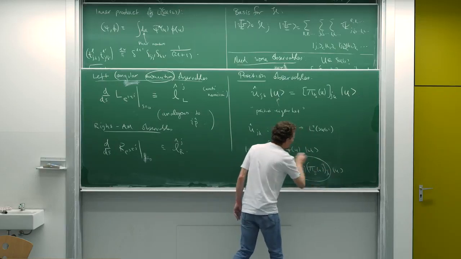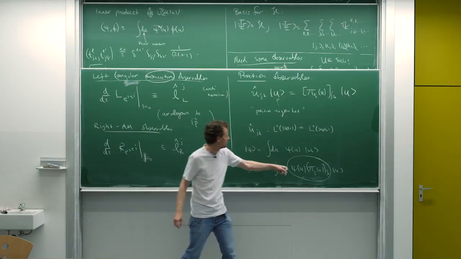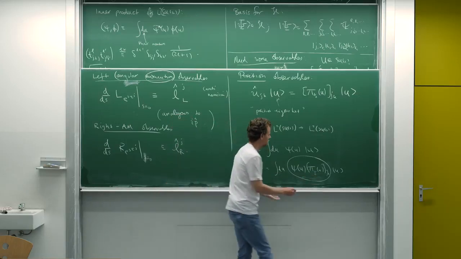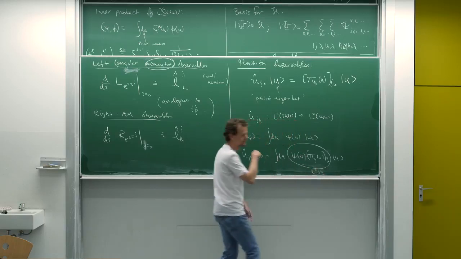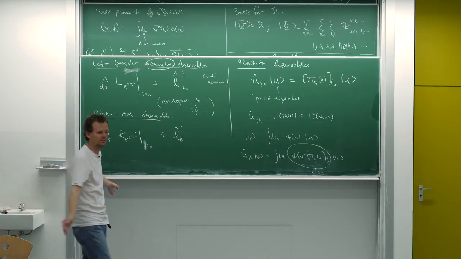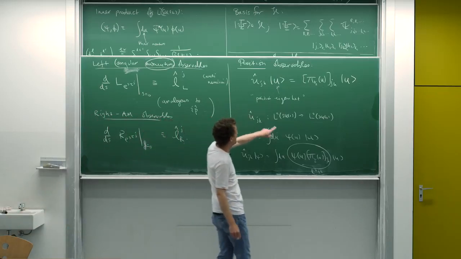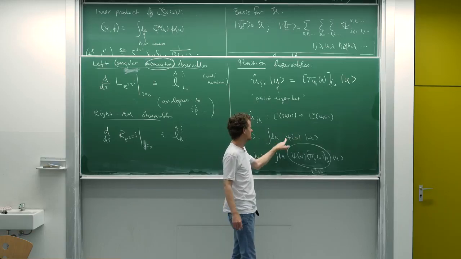You see that the action of this position operator is to multiply the wave function by none other than the spin 1/2 matrix element of u. So the position operator acts like the position operator does in normal Schrödinger mechanics: it takes a wave function and multiplies it by position.